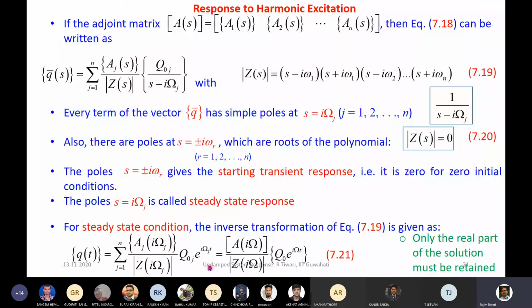As I mentioned initially, we started with the complex form of the force, and we had the understanding that only the real part will be meaningful. So here also, in the response we need to retain only the real part of the solution. The imaginary part will have no meaning. How we got the inverse transform of this to get this expression, a few steps are given here in the subsequent slide.